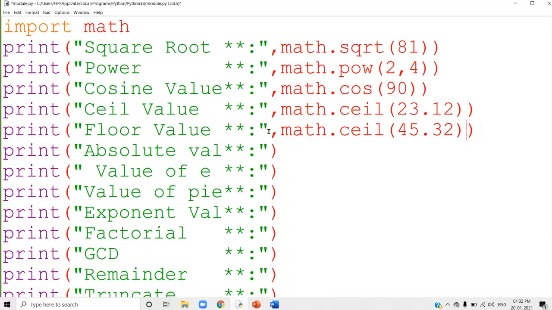This will give you the largest integer which is less than or equal to the given argument. Can you say which is the largest integer which is less than or equal to 45.32? The answer will be 45. Run the program and you can see the answer here.